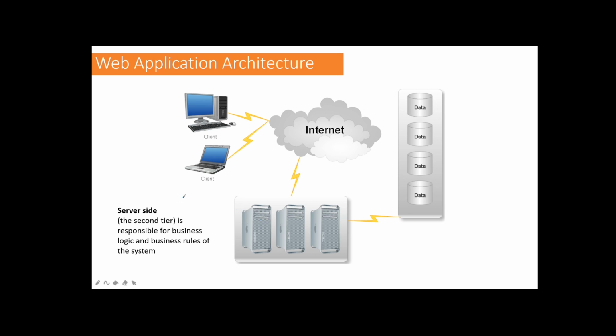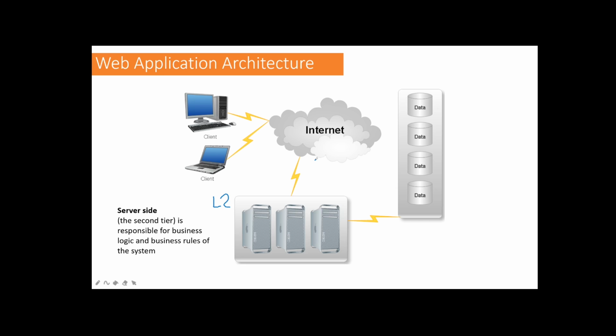So the second tier of the architecture is the server side. It is responsible for the business logic and business rules of the system. Servers could be powered by Apache or IIS, or Internet Information Services by Microsoft. So if you prefer to use PHP or Python, you may encounter Apache a lot here.